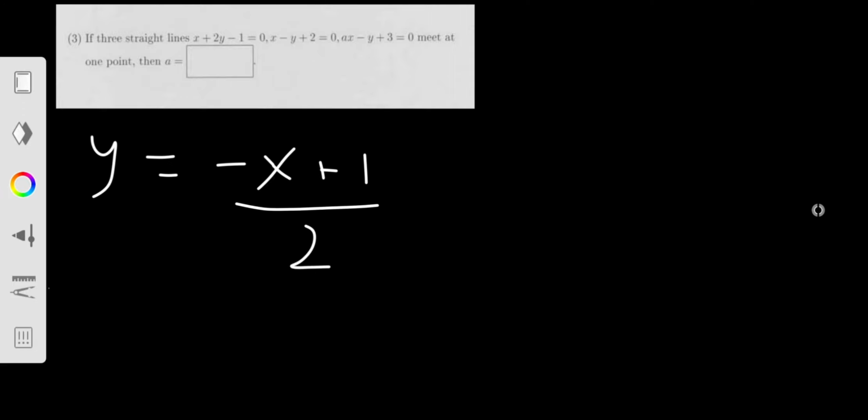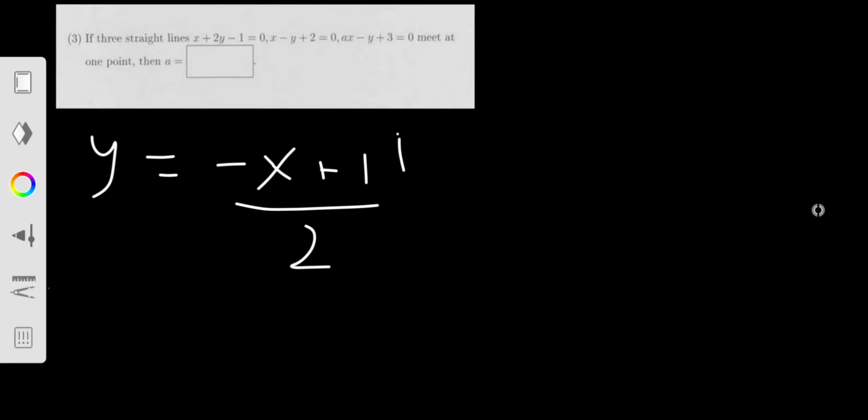So the first is x plus 2 epsilon minus 1 is equal to 0. I'm going to write it, but letting epsilon alone on one side. So epsilon is equal to minus x plus 1 divided by 2. Okay? I just isolated epsilon on one side.